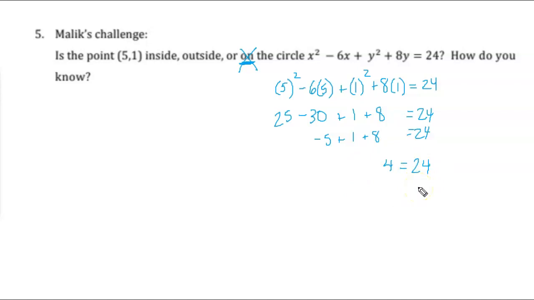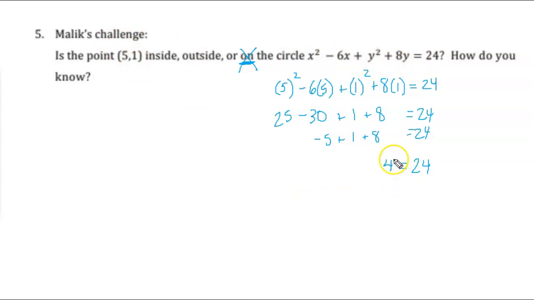If we plug this point into this equation, we're basically finding the a squared plus b squared equals c squared. So we're looking at the hypotenuse of the circle that has this center but goes to this point.